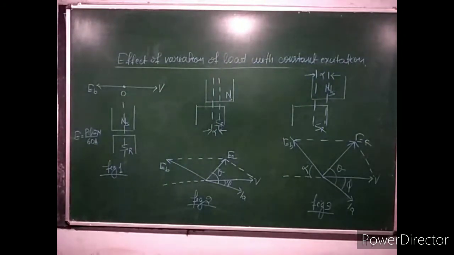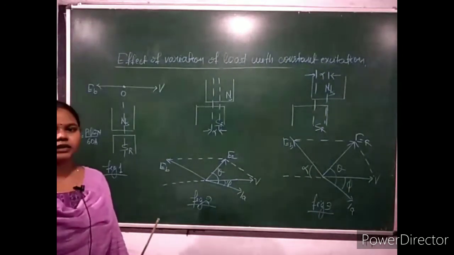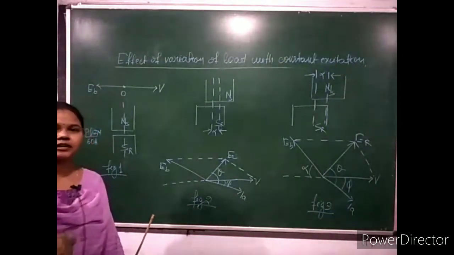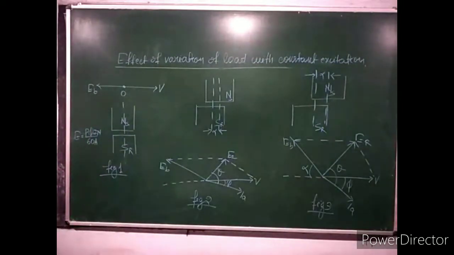But in case of a synchronous motor, it doesn't happen, because a synchronous motor is a constant speed motor. So what is the back EMF? That is due to the revolving field of the rotor, and it is induced in the stator. So when back EMF is induced in the stator, it opposes the applied voltage, and it depends upon the rotor excitation only, not the speed.